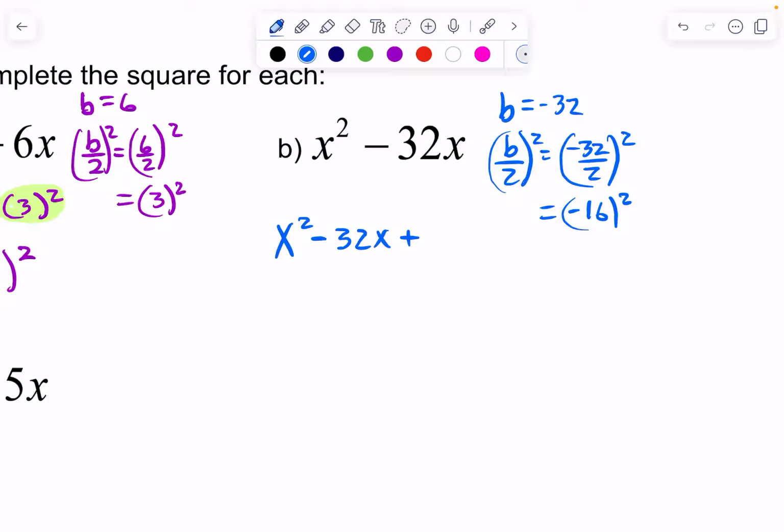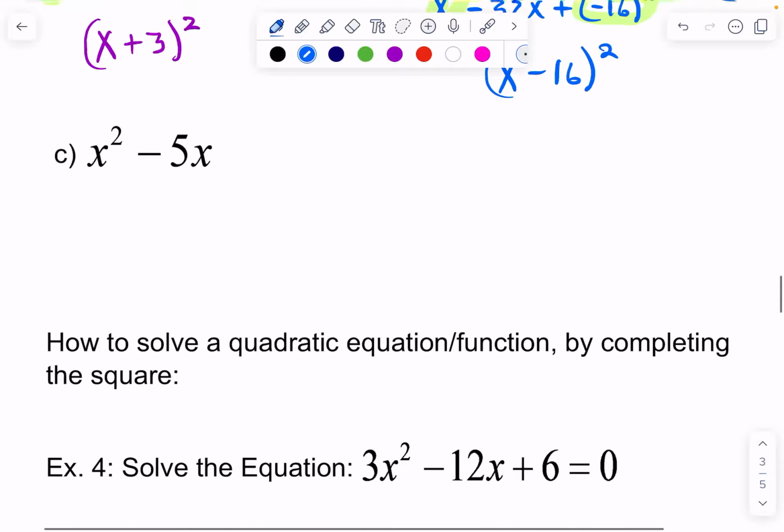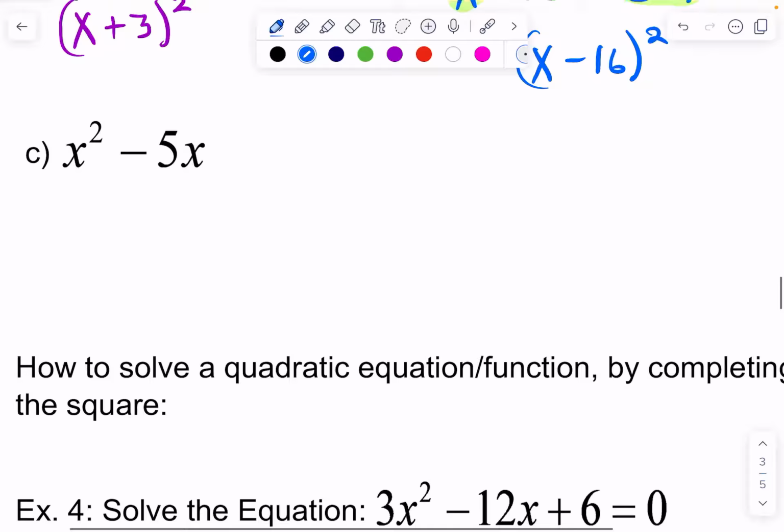So we add (-16)², and now we factor. The square root of the first term, x² , is x. The square root of the last term, (-16)², is negative 16. And we square that binomial. It's that simple.